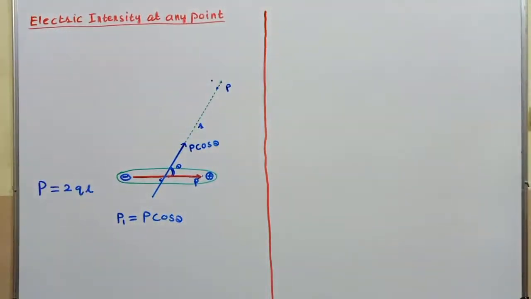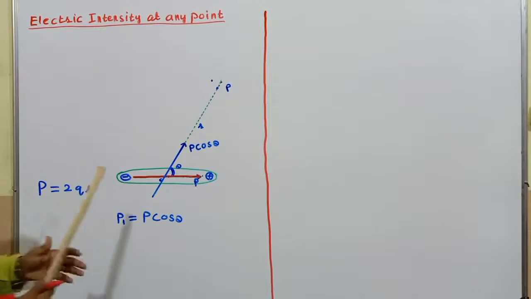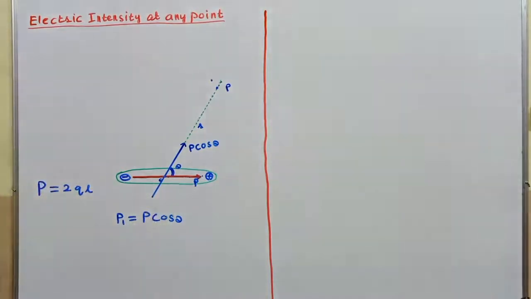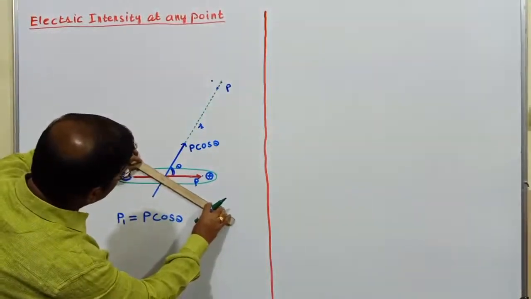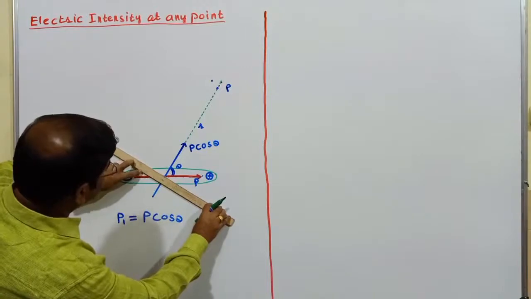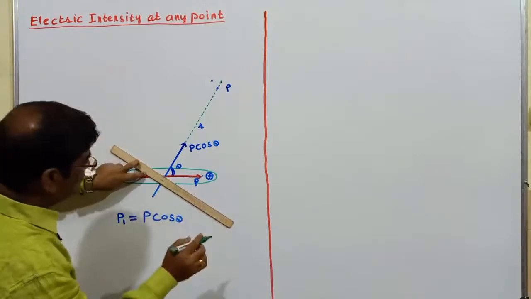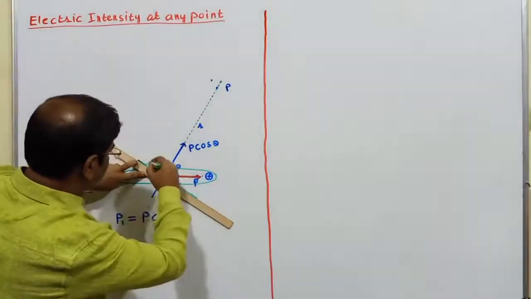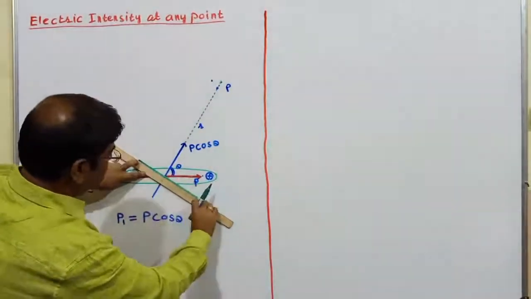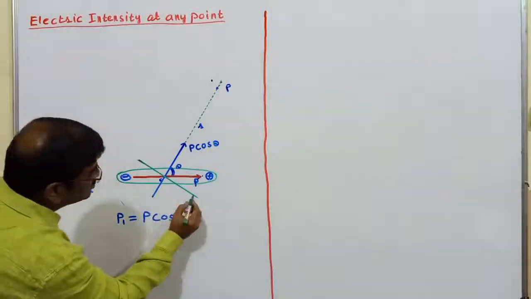But there is one more part also I can get. And which is that one more part? I will get that one more part like this. This is the second part I have got.